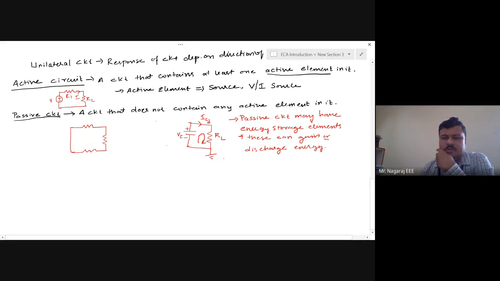This is one example. A very common example of a passive circuit is the secondary of a transformer. Do you agree? Secondary of a transformer.